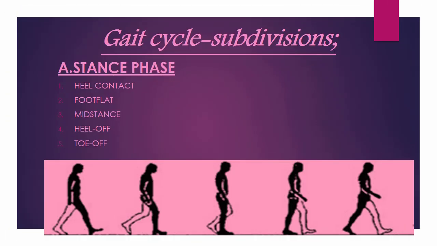Gait cycle is subdivided into stance phase and swing phase. Stance phase is the period of time when the foot is in contact with the floor. The stance phase can be further subdivided into 5 stages. This phase begins with the initial contact of the heel on the ground, then foot flat. After foot flat, mid-stance begins.